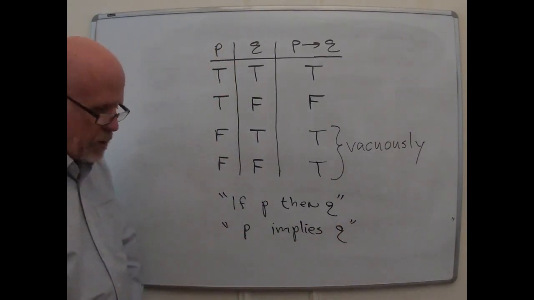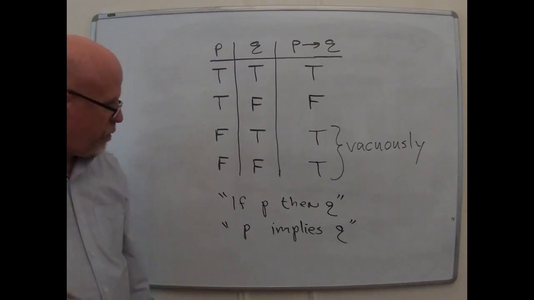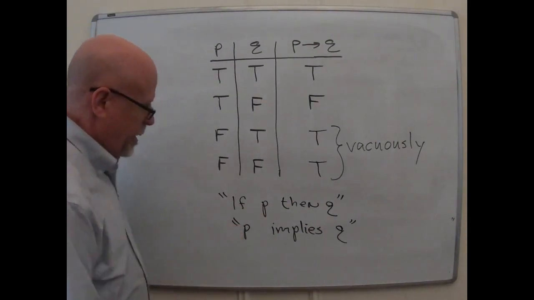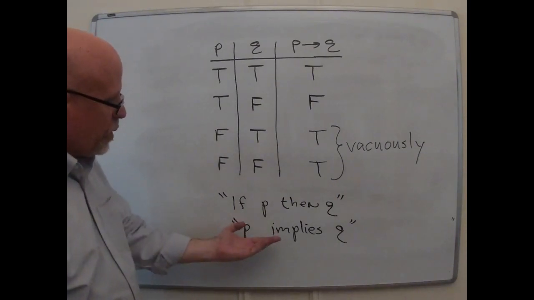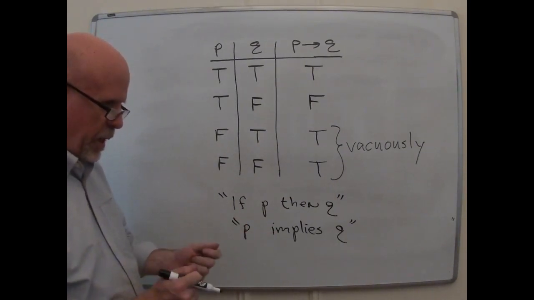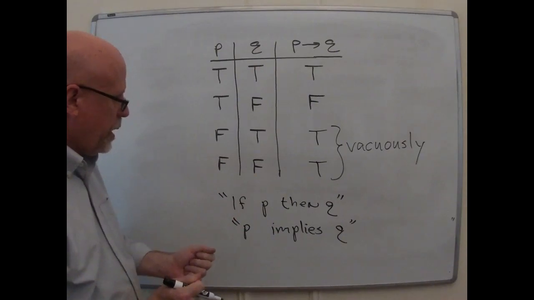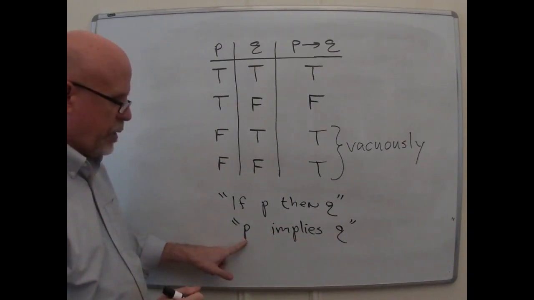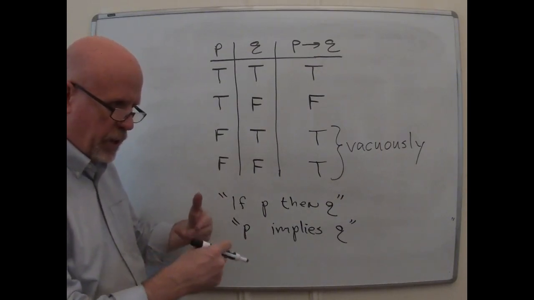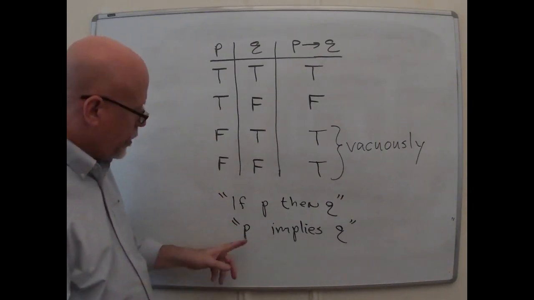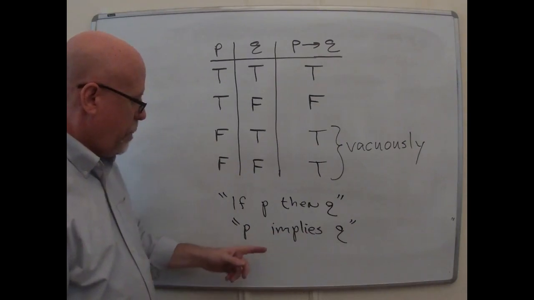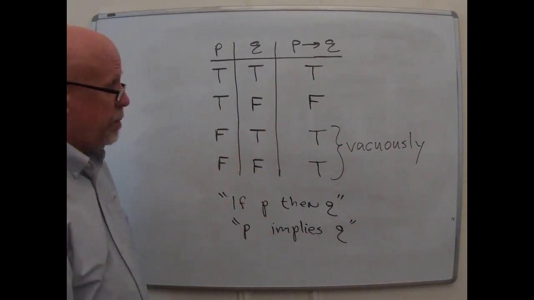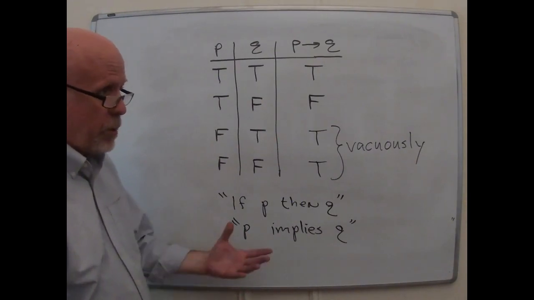They mention in the book there's a slight quibble about this phrasing, which I frankly don't agree with, but it's fine. Apparently the word implies is used in a technical sense in philosophy to mean the truth of this one can be deduced from the truth of this one. That is, there's some string of logical connections you can make from P to Q, which isn't necessarily the case when you're talking about P implies Q as arbitrary statements.